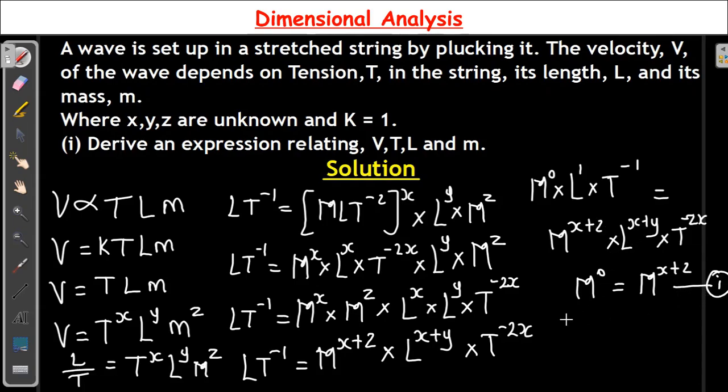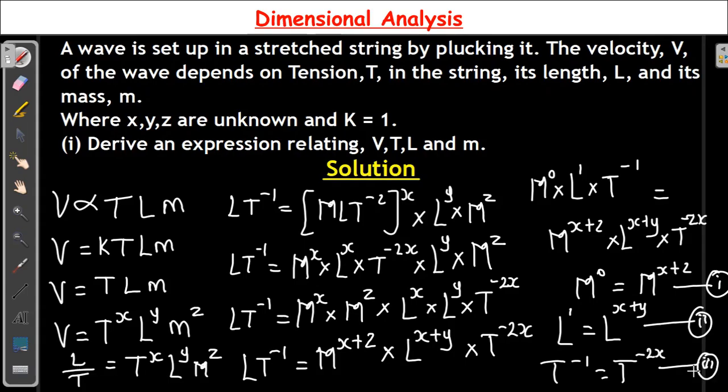And then l to the power of 1 is equal to l to the power of x plus y, equation 2. And then t to the power of minus 1 is equal to t to the power of minus 2x, equation 3.